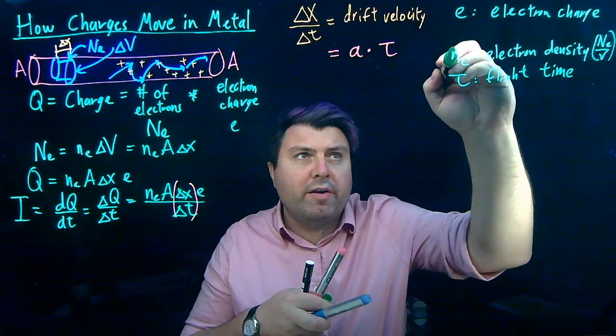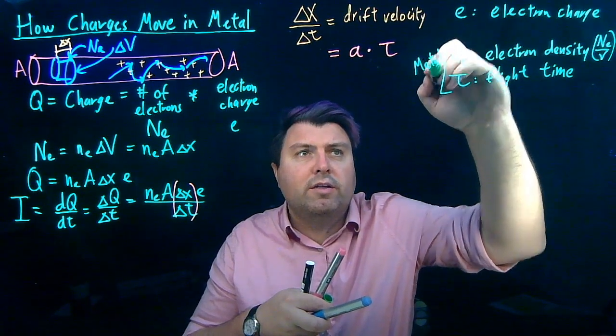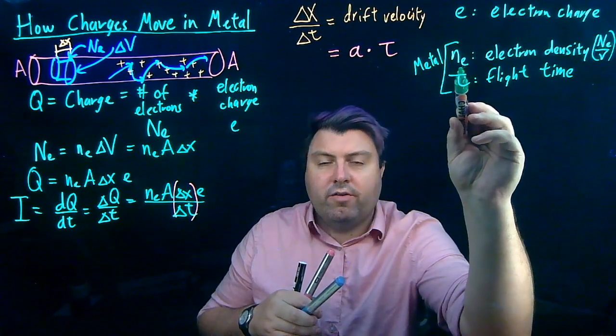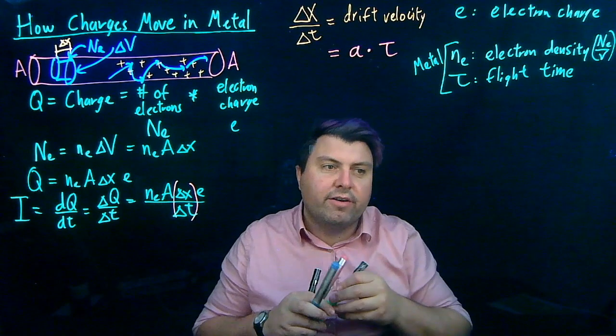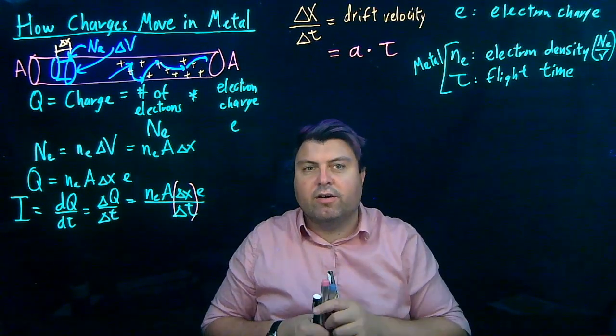Now, what's cool about N sub E and tau is they're both properties of the metal. Any metal that we choose has a known and defined N sub E, has a known and defined tau. So if we choose copper, we can look up in the tables what N sub E and tau are.